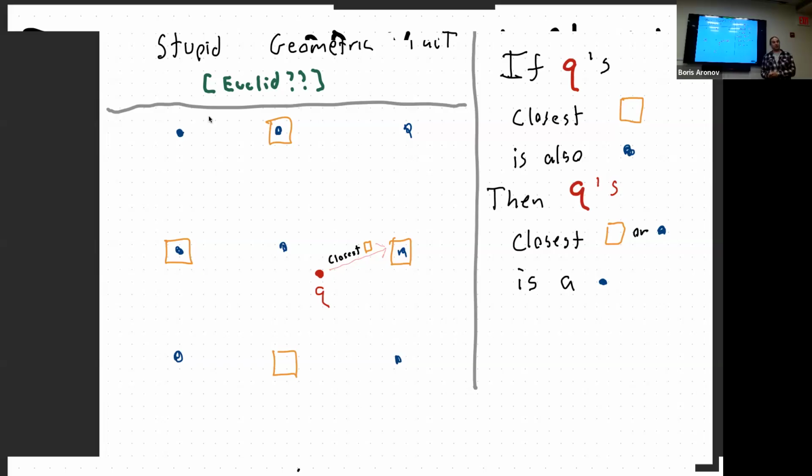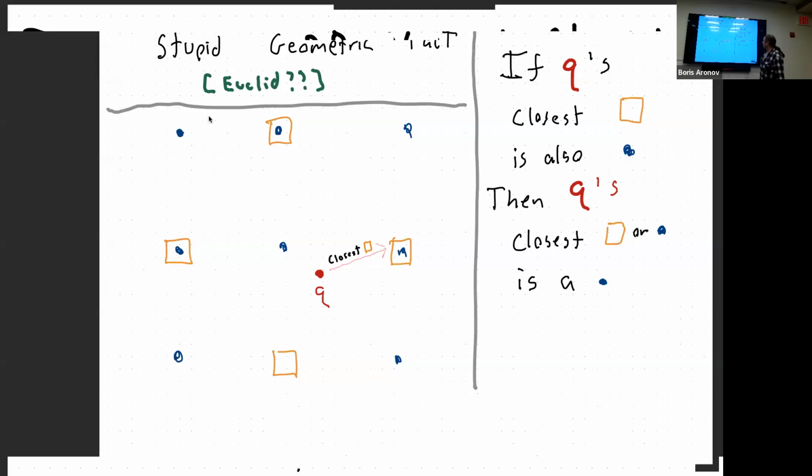The first time we sent this paper somewhere, it got rejected because they didn't believe this. I'm lost a bit about what's happening here. It's too obvious. Okay, so let's try and prove this.